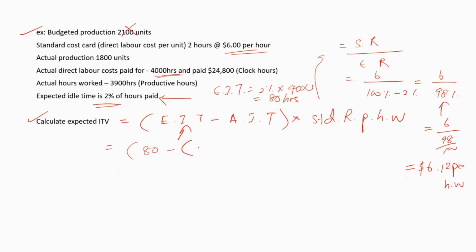Actual idle time is equal to actual productive hours minus the actual clock hours. Actual productive hours are 3,900 and actual clock hours are 4,000 hours, multiplied by the standard rate per hour worked, which is 6.12. This is equal to negative $122.4, which means $122.4 adverse.